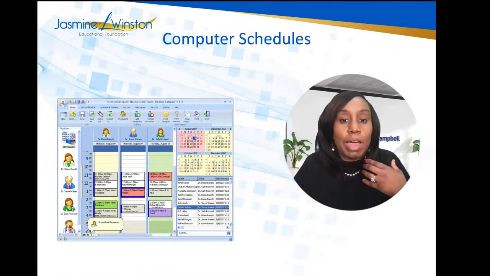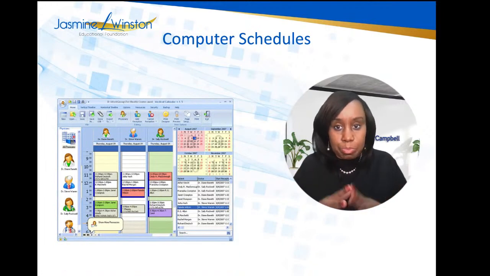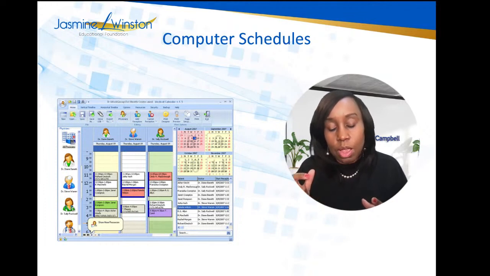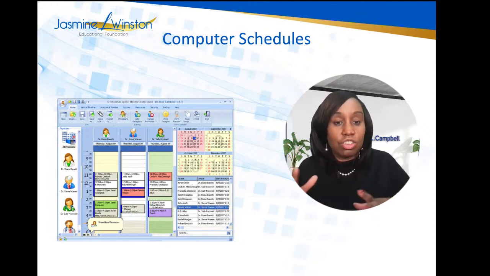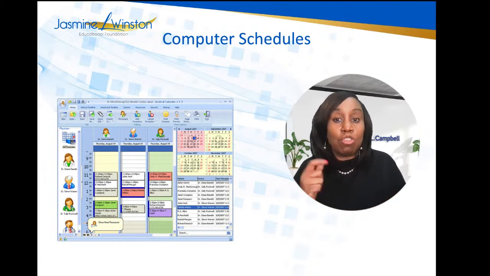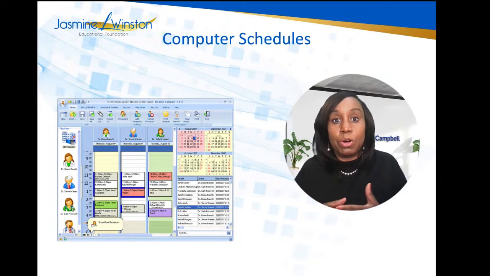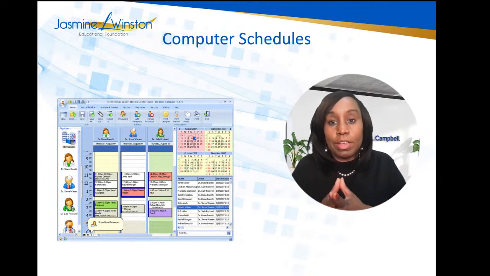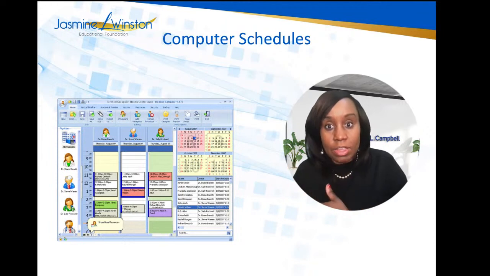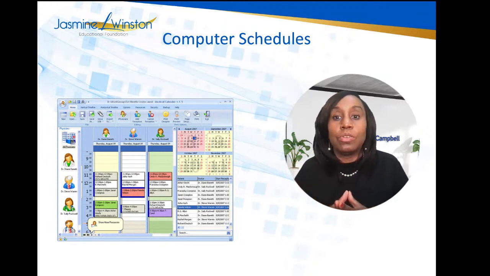So when we talk about scheduling, I know this picture is kind of hard for you to see, but this is actually a computerized scheduling system. And this is what we have today, which everybody loves because, and I'll use myself as an example, I have an appointment with my doctor in March of next year.